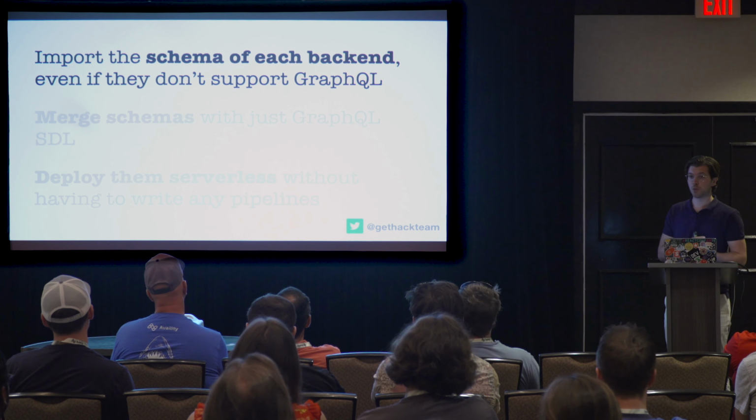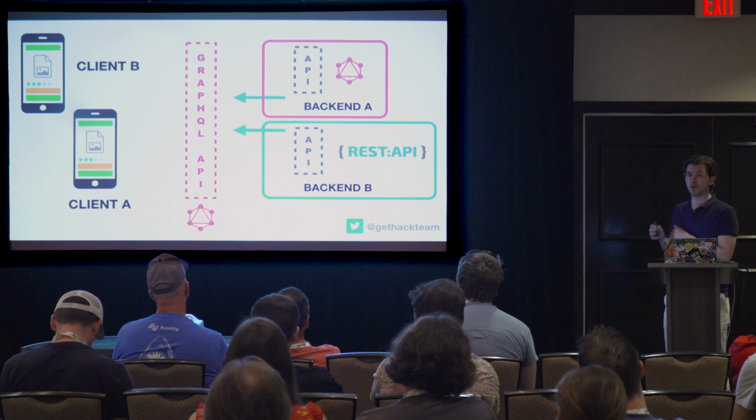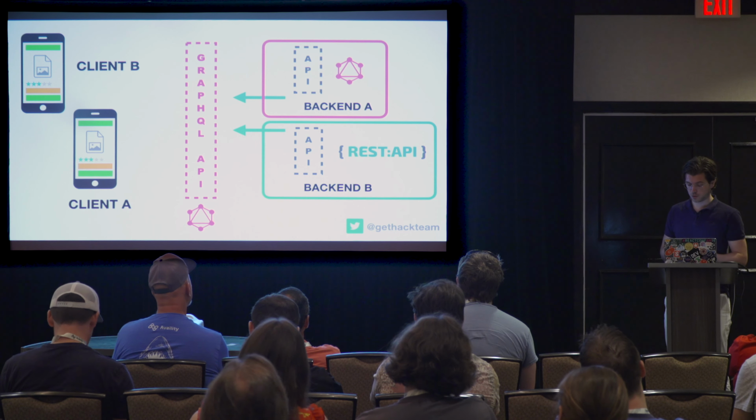So we took these two constraints of existing solutions and made a solution that works if all your backends are GraphQL, but also if one of your backends is a REST API. So maybe you're working with REST APIs or even SOAP APIs or databases that don't have an API. With StepZen you can combine all this data in one GraphQL schema without having to convert all the underlying services to GraphQL on their own.